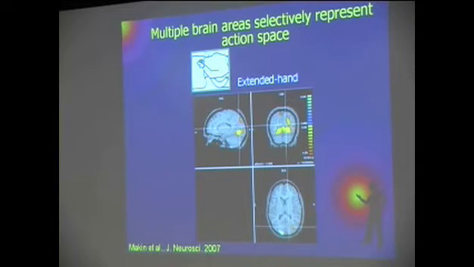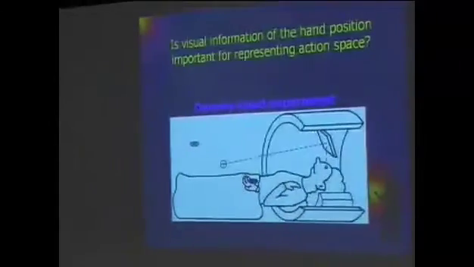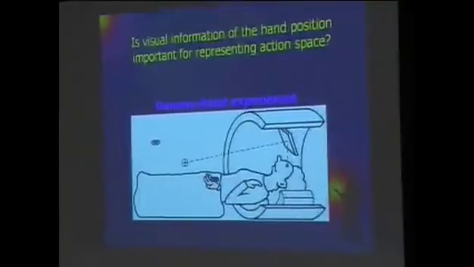So this is interesting, but it raises some questions. For example, what does it take for the brain to know that a ball is presented near the hand? Is it information from my muscles about where my hand is? Is it visual information of the hand? So to answer this, I repeated the same experimental design, but this time the subject's hand was retracted away from the near target.